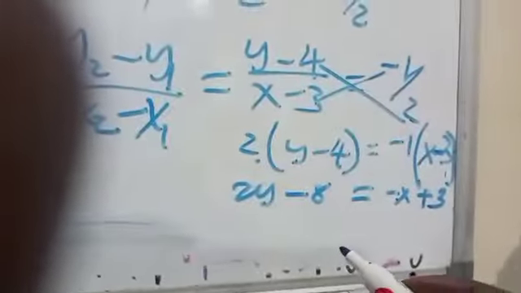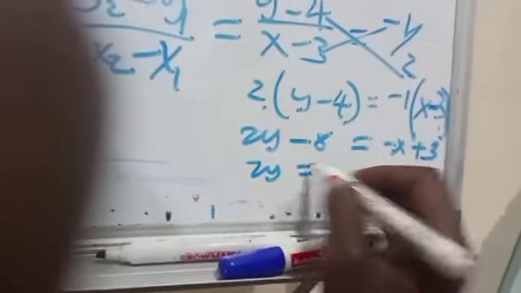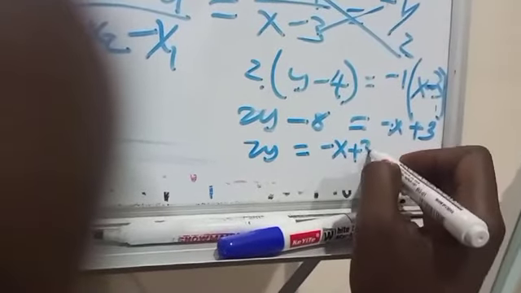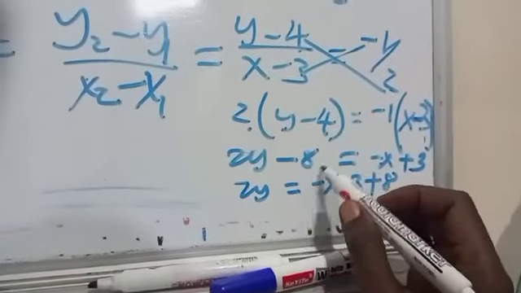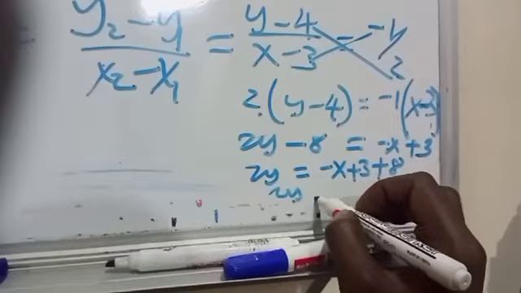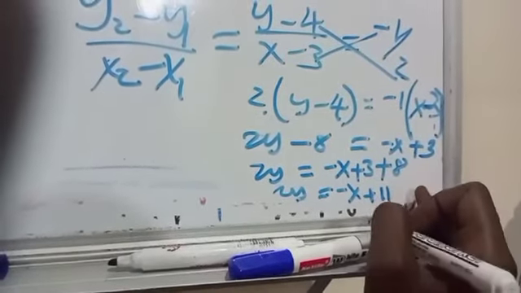So here our answer will be 2y equals -x plus 3 plus 8, because we have transferred -8 to the right side. So this one will be 2y equals -x plus 11.